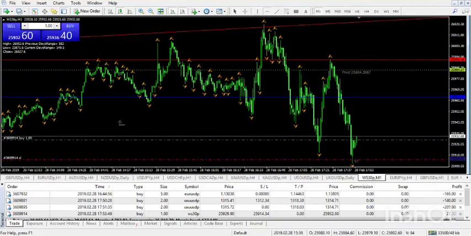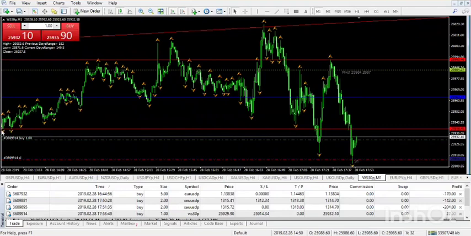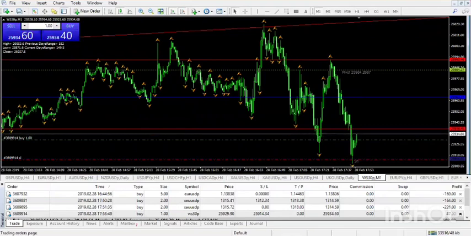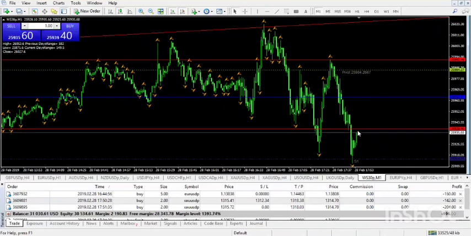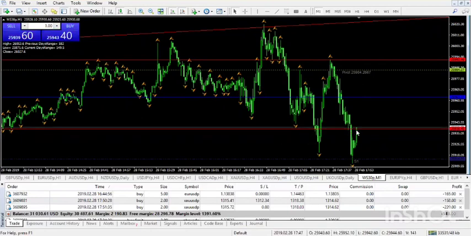You have to exit at this pivot, which is here. I have another question. You see, it went further than the pivot.